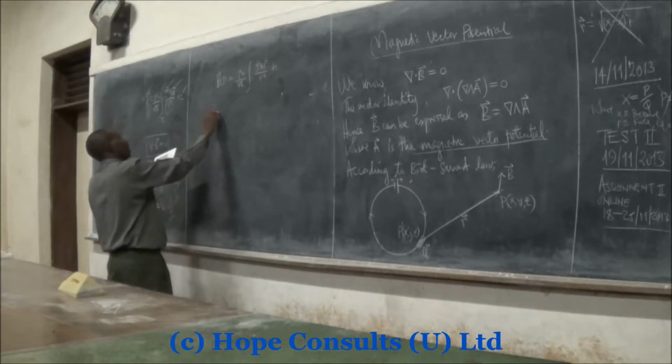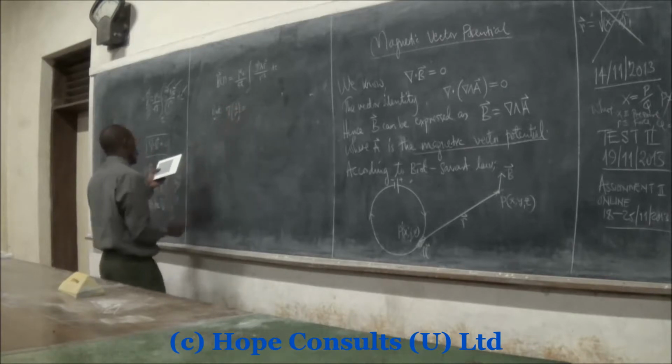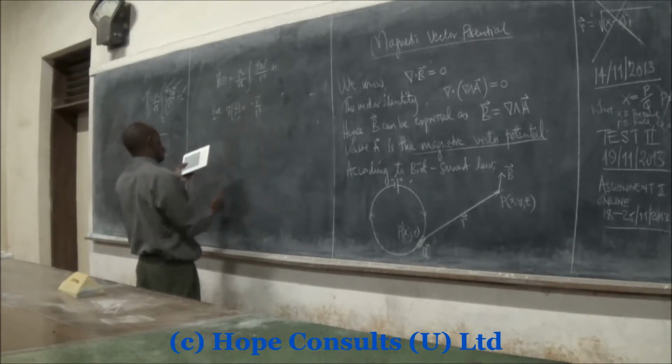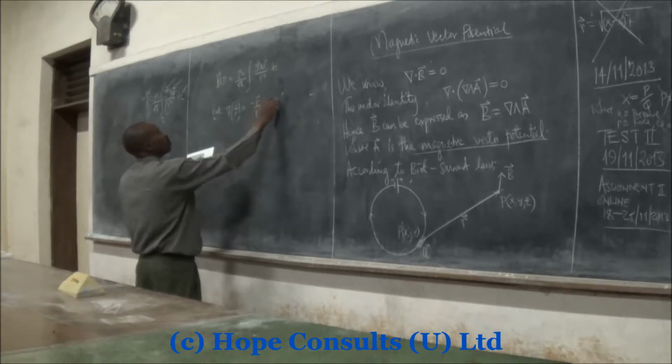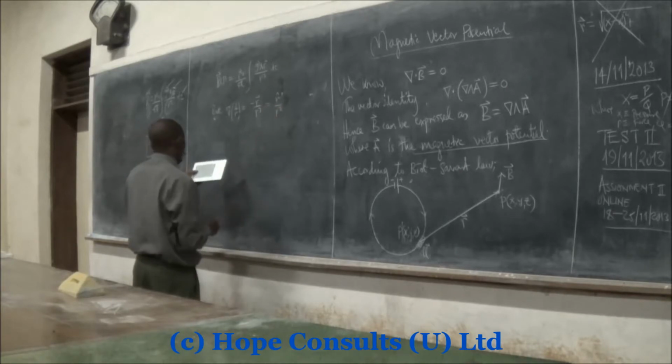But we know that the grad of 1 over R is equal to minus R over R cubed, which is equal to R roof over R squared.